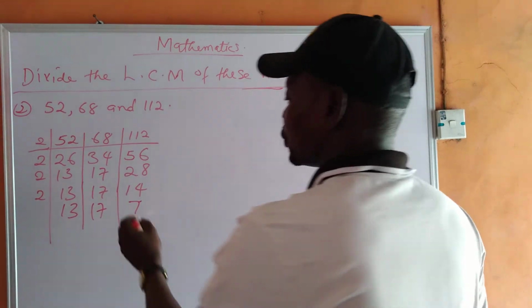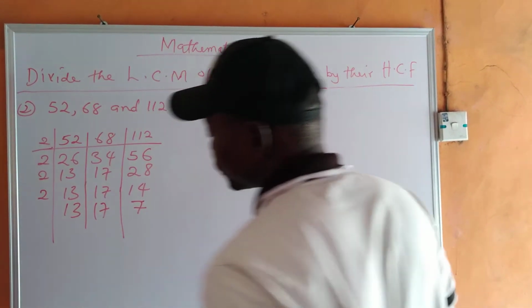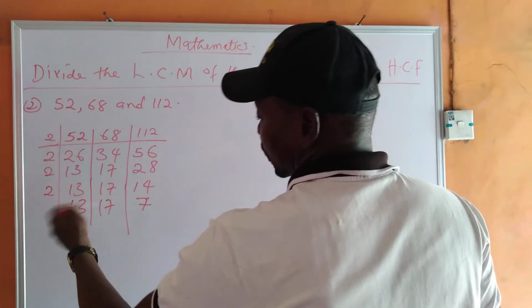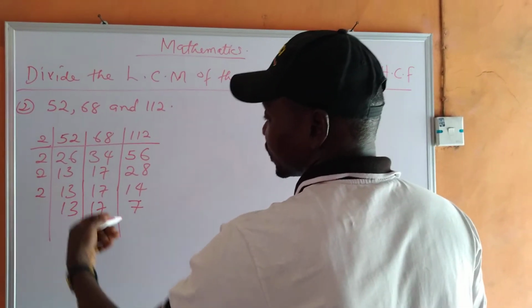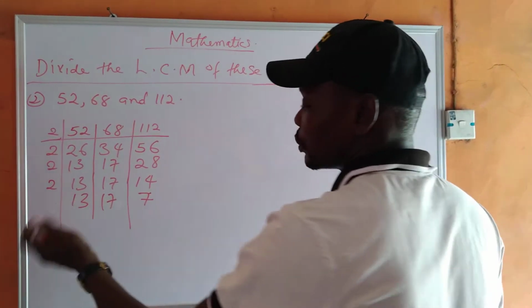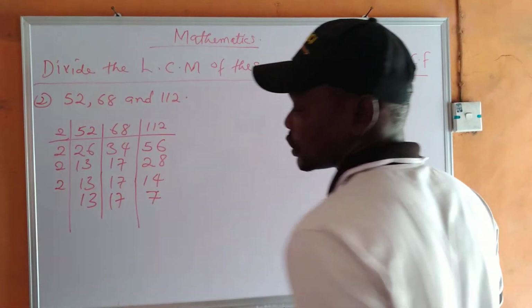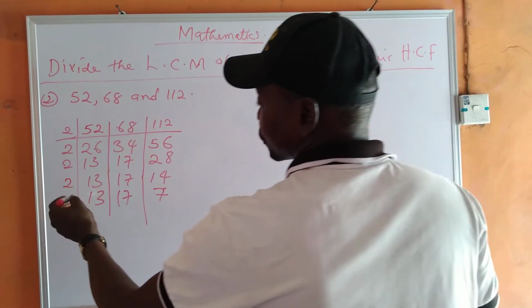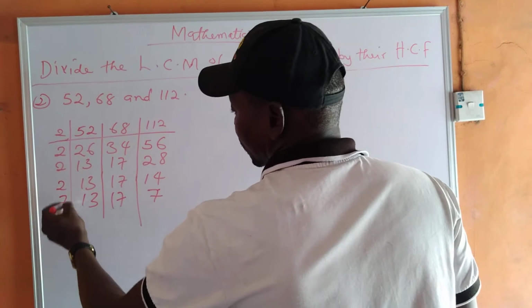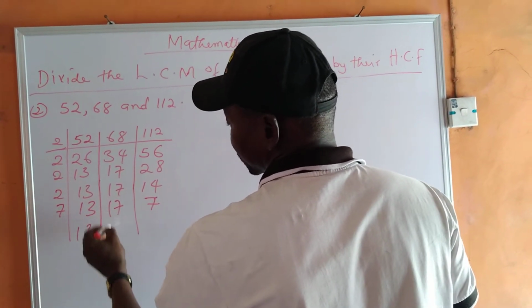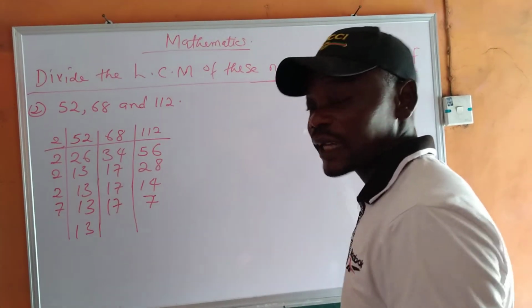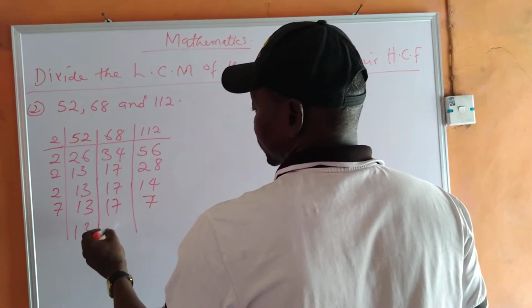So now we look through what can divide them again. The only number that can divide through in this place is 1, and if we don't use 1, we use the smallest number between them, which is 7. So we write 7. 7 in 13 is impossible, we write our 13 down. 7 in 17, impossible, we write our 17 down.